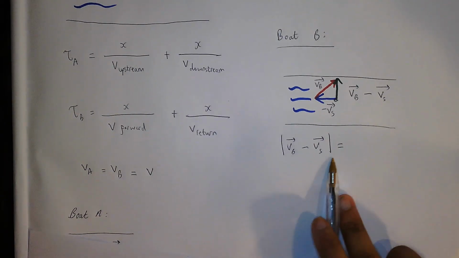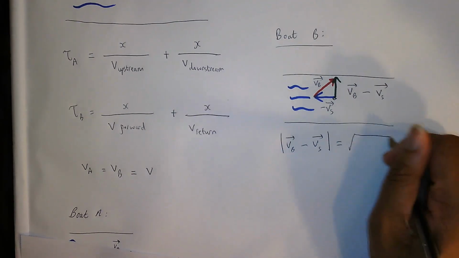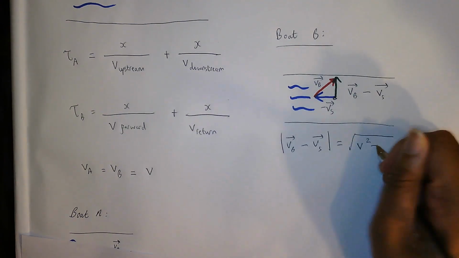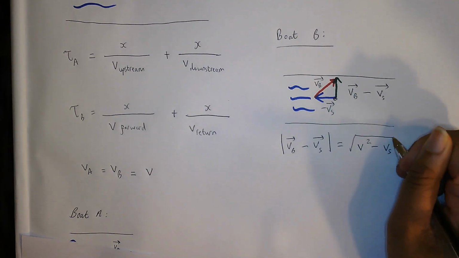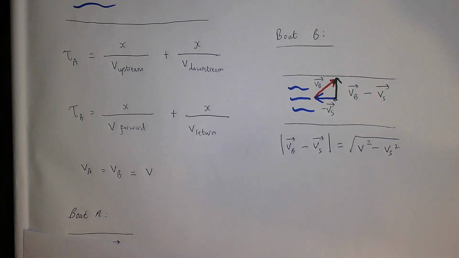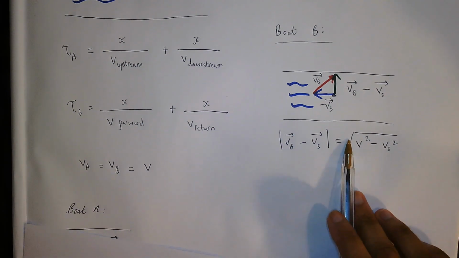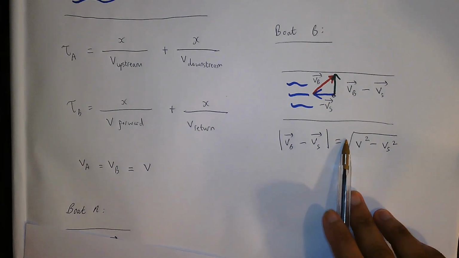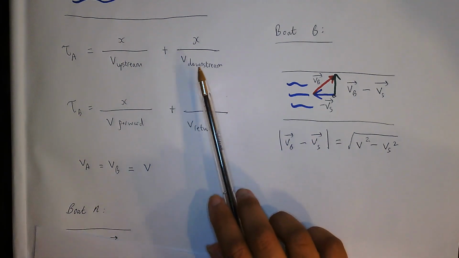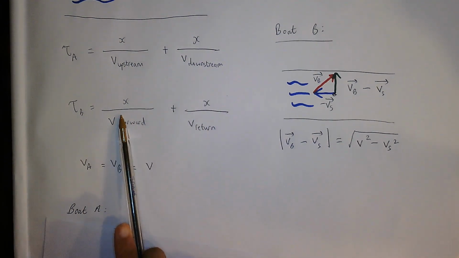So this is simply equal to the square root of v squared minus vs squared. And so this is the velocity of boat B as it was moving away from the buoy, so it's v forward, this velocity here.